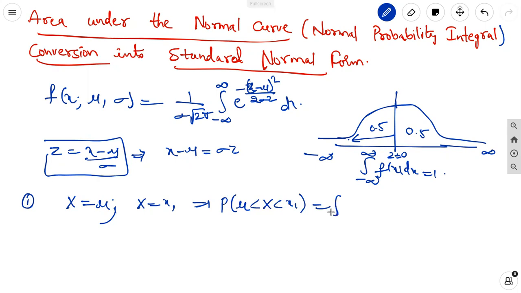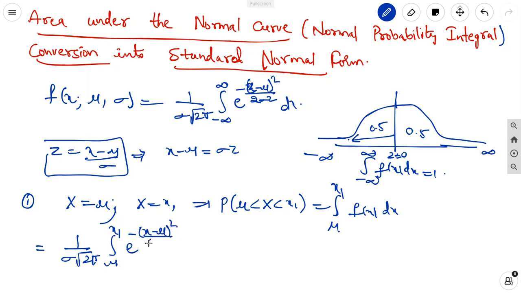By the definition of the probability in the normal distribution, that is the integral from mu to x1 of f of x dx, which equals 1 by sigma root 2 pi integral from mu to x1 of e power minus (x minus mu) whole square by 2 sigma square dx.